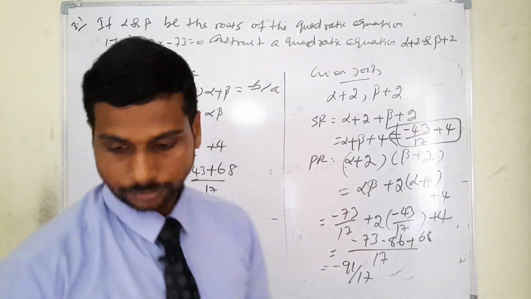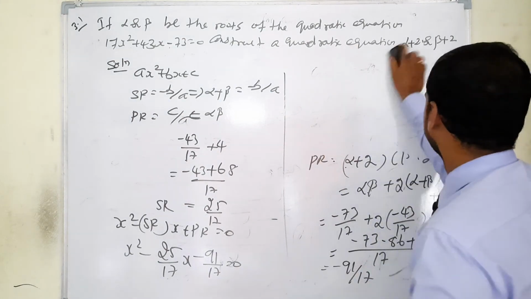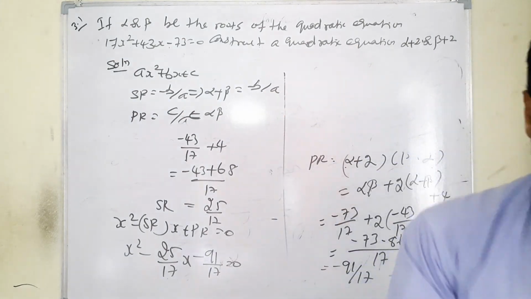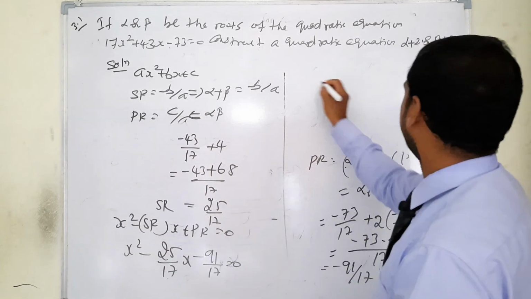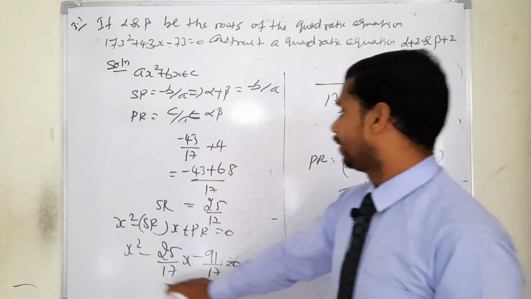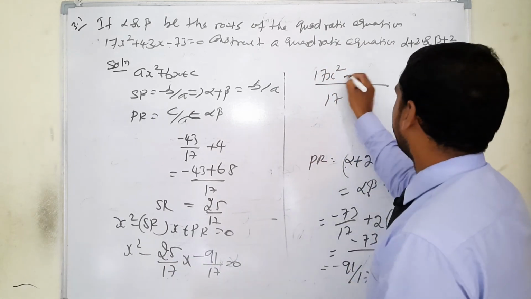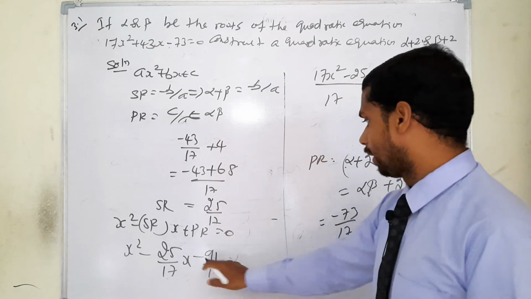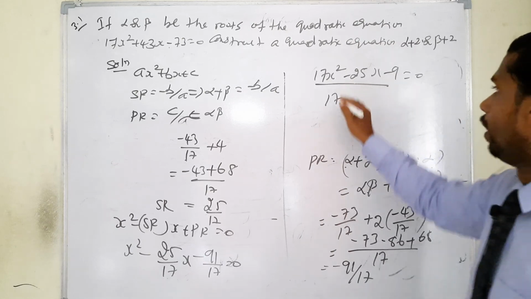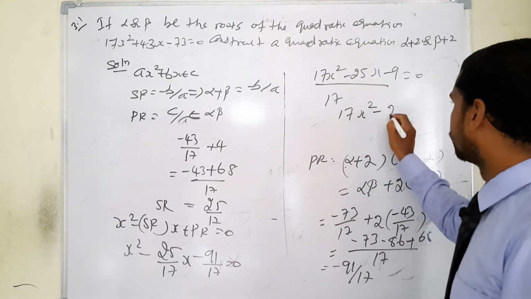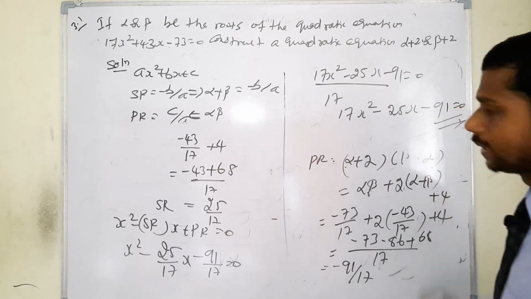The common denominator is 17, so 17 into x square means 17x square, then minus 25x, next minus 91 is equal to 0. 17 into 0 means 0. Therefore, the final answer is 17x square minus 25x minus 91 is equal to 0. This is our final answer.